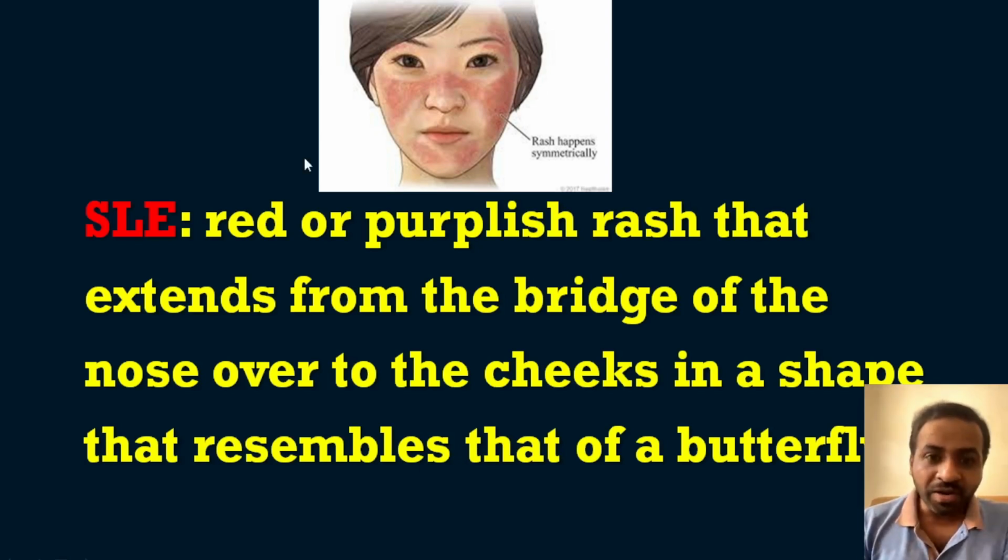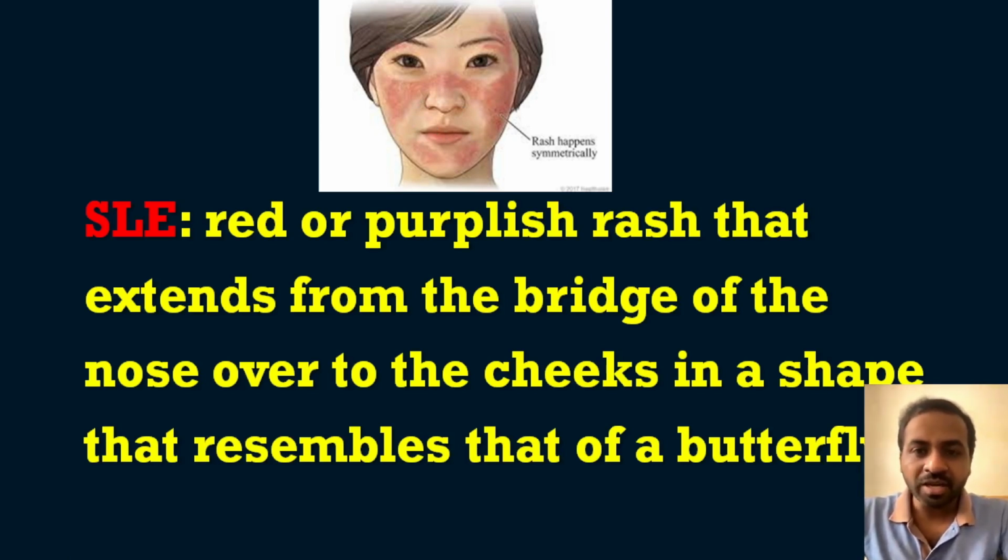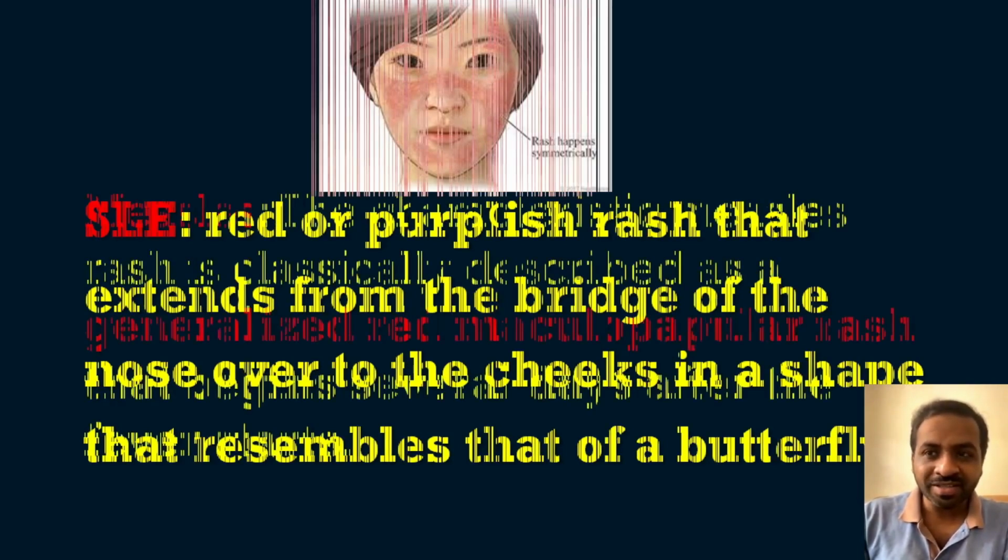It will be symmetrical. So this is the characteristic of the rash, a butterfly shaped rash, which can be seen in SLE or systemic lupus erythematosus.